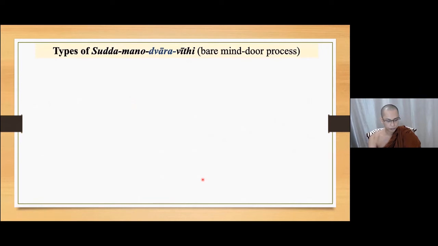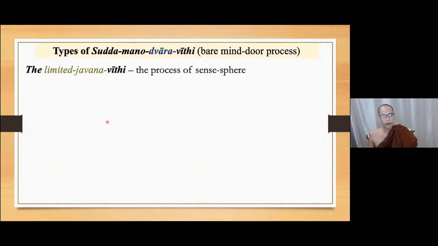The Sutta Manodvara Viti, the bare mind door process, can also be classified according to its object and its javana. It can be classified into different parts.